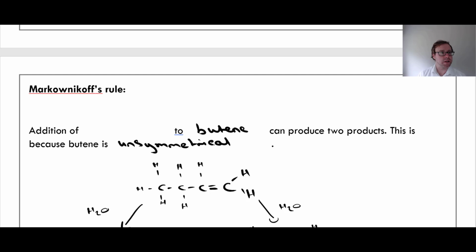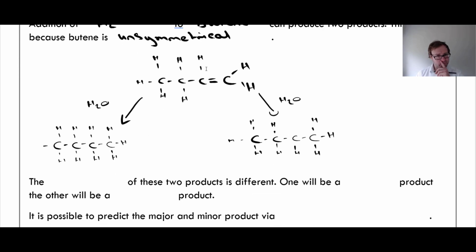Depends what we're using. We're just going to write H2O. Okay, so I asked you to draw this previously, so we could put the OH here or here. So my OH could go here or it could go here.